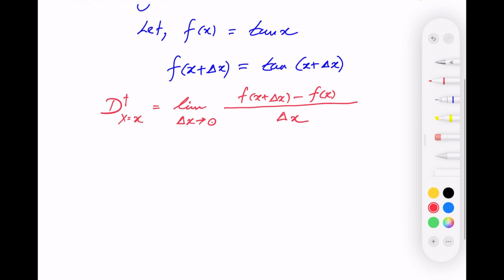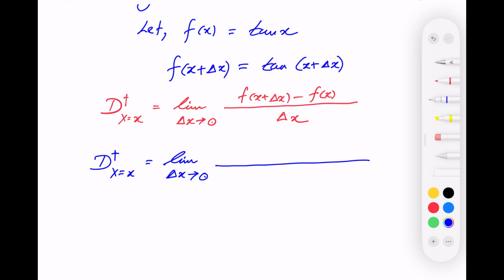Now let's write down these functions for our case. D plus at x is equal to limit as delta x approaches 0. On the numerator, f of x plus delta x, for our case, is tangent x plus delta x, minus f of x, which is tangent x.